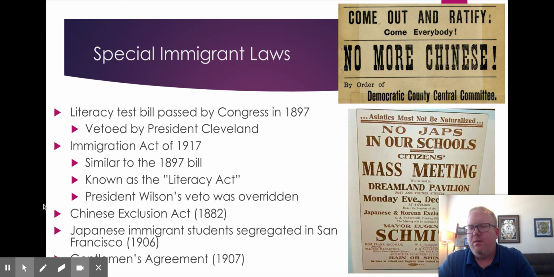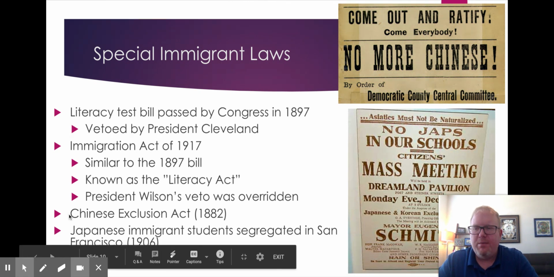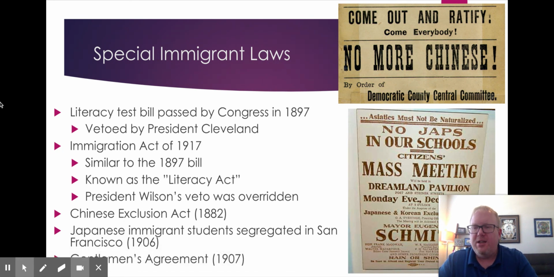And so a lot of those Chinese immigrants started looking for jobs maybe in cities like San Francisco. And that caused a lot of problems because people with more nativist viewpoints started clashing with them. And this law was then passed in 1882, and it banned Chinese immigration for 10 years.